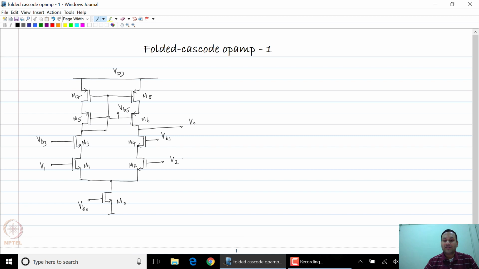This is our standard structure which we have seen for the telescopic op-amp. Now we want to see what the issue with this is. So one of the most important issues can be seen if you apply unity gain feedback on this particular op-amp. So in other words, I am building the op-amp in this structure.